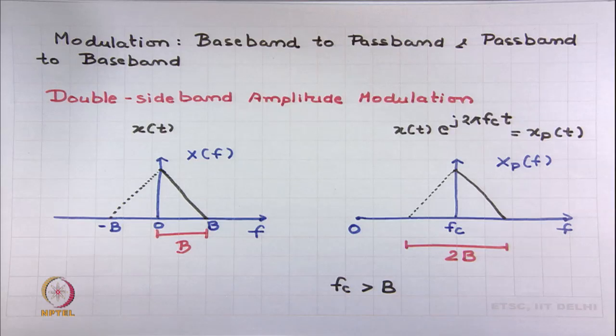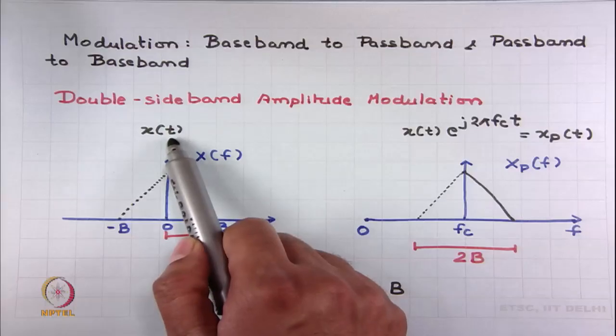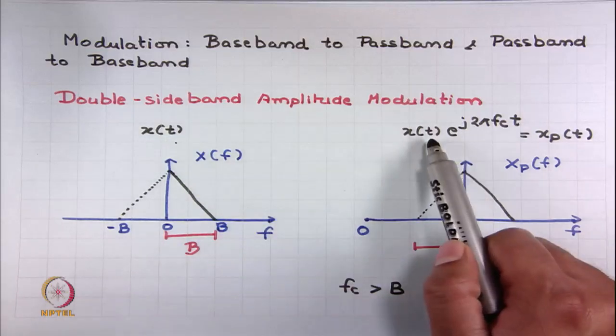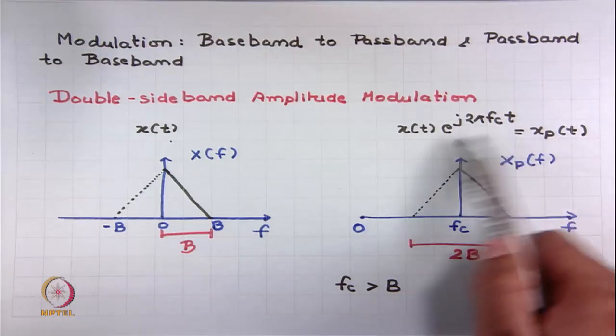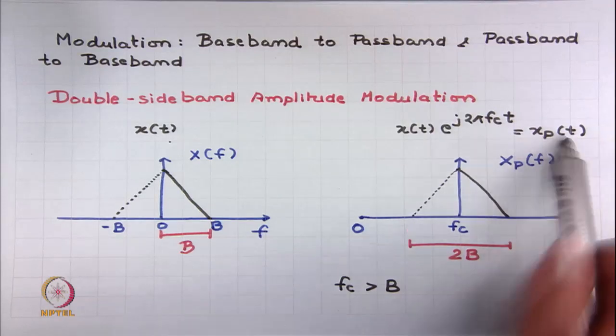So, one idea to go from baseband to passband is to use what is known as double sideband amplitude modulation. It is the simplest way to go from baseband to passband. What you do is you have a baseband signal and you multiply it with this rotating complex exponential, and you get a passband signal.